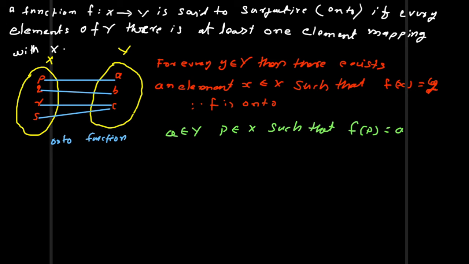Then again, b is an element of codomain Y, so there exists q belonging to X such that f of q equals b.